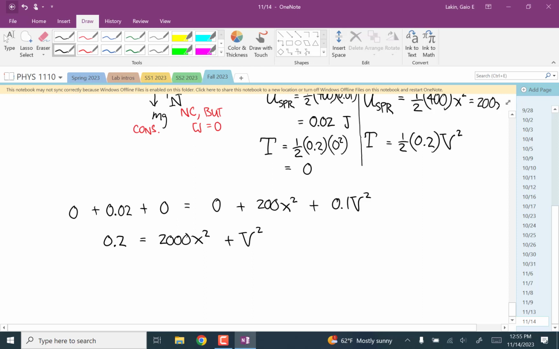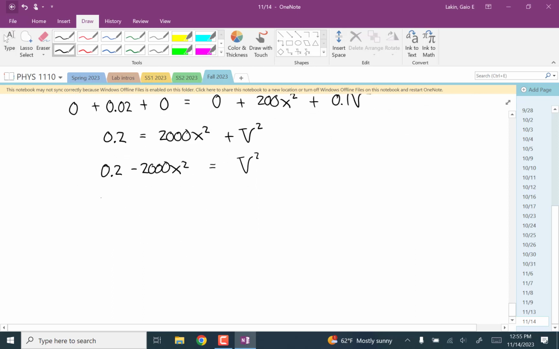And then I'm going to subtract the 2,000 x squared from both sides. And then I'm going to take the square root of both sides, and we get that the speed is equal to plus or minus the square root of 0.2 minus 2,000 x squared. And this is a speed, so we can forget about the minus.